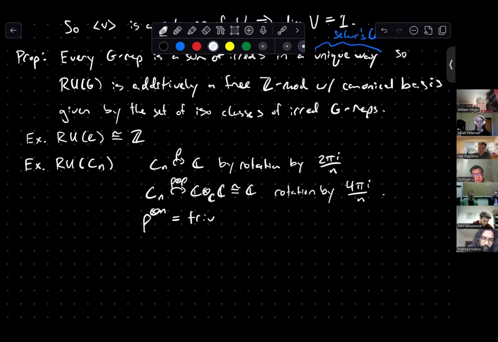And it's not a hard exercise, it's worth doing if you haven't done it before, to check that all the powers up to n are non-isomorphic irreducible representations of Cn.